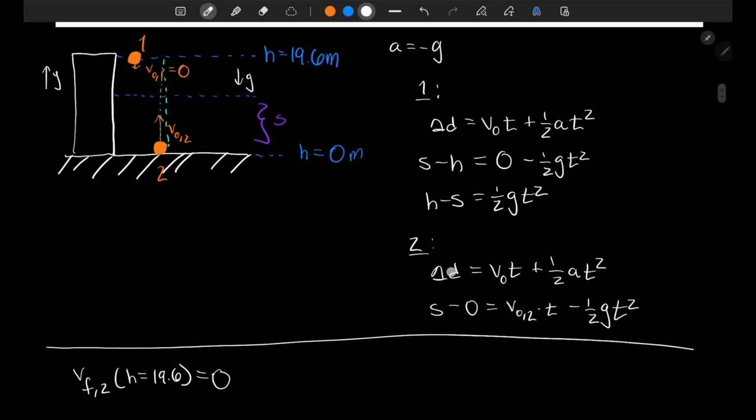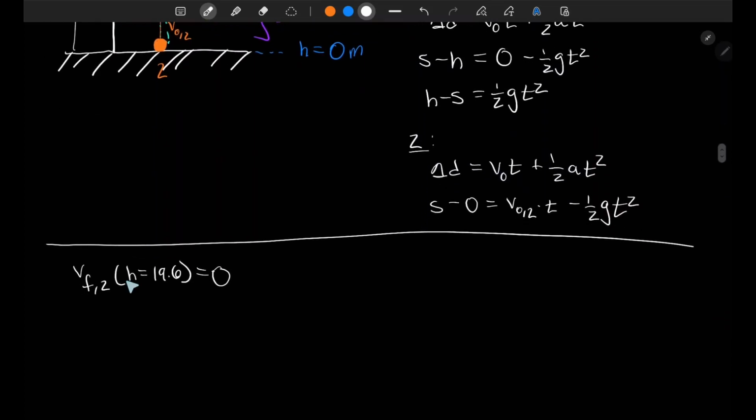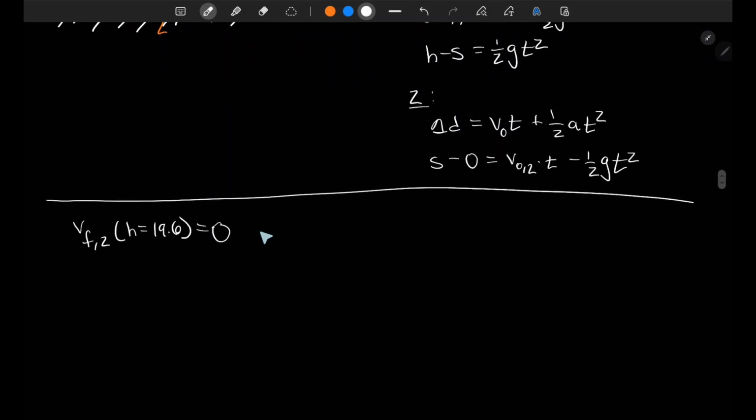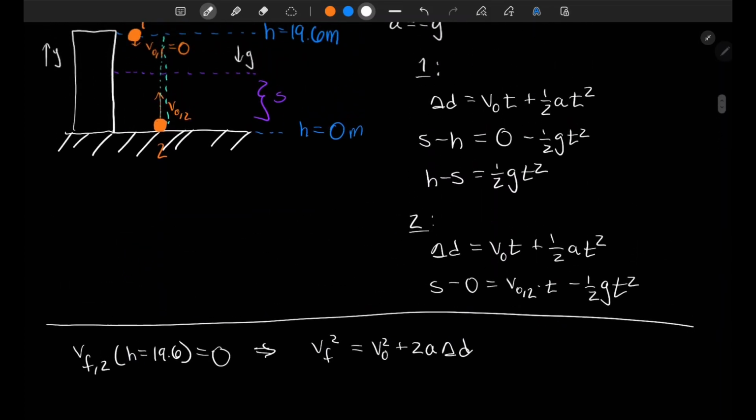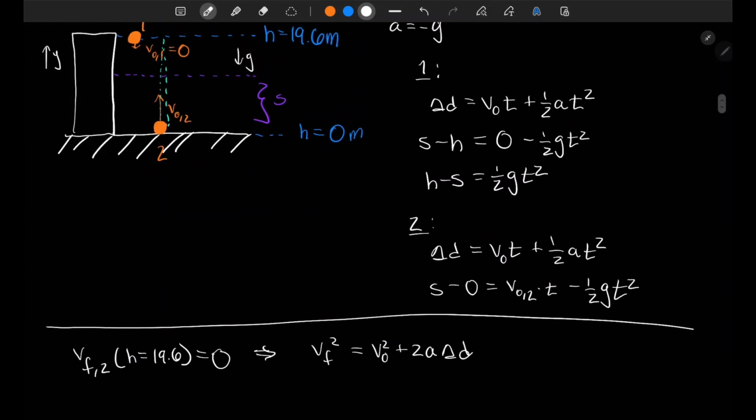So because of this, we can use the following equation: Vf squared is equal to V naught squared plus 2a delta d. We're considering this for ball 2 going from the ground to its peak.